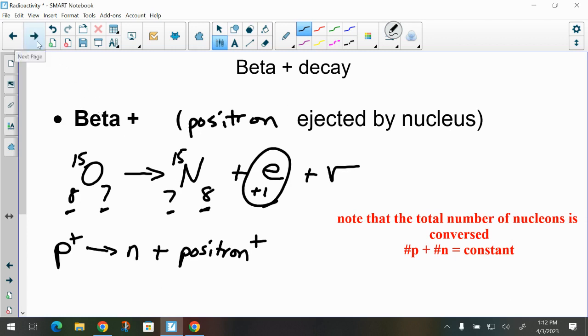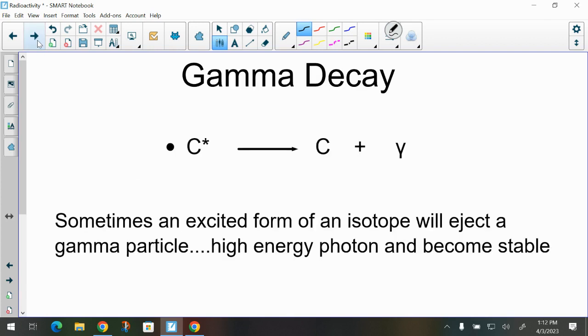So the two forms of radioactive decay are alpha particle decay and beta particle decay, and beta has 2 versions, positive and negative. Negative is much more common. Now, there's a third type called gamma decay, and we're not going to get into this. It gets pretty complicated. You have an element that's excited, and it becomes unexcited by giving out a gamma particle. These gamma particles are really dangerous.